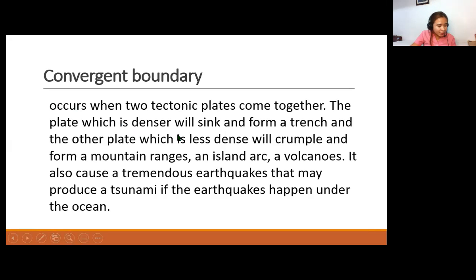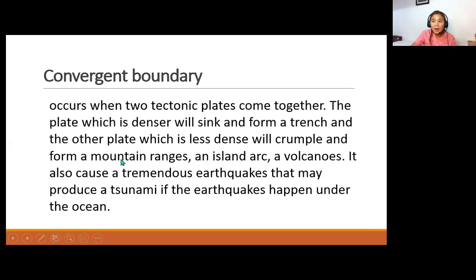When we say denser, yung plate na mas mabigat will sink pailalim and will form a trench. And the other plate, which is less dense, will crumple and form mountain ranges. So doon pala nanggagaling ang mga mountain ranges sa convergent. Again, I will show you a picture later. An island arc, a volcano.